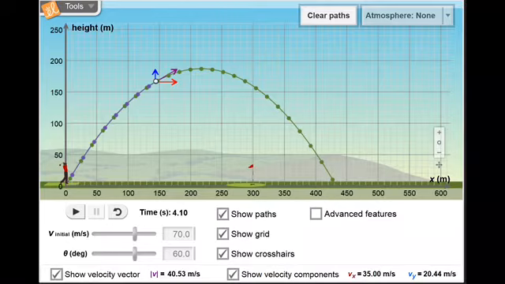What is this purple arrow? What does it represent? And if you look at the screen, you can see there's a value for the x component of the velocity, and also there's a value for the y component of the velocity. By using the angle, how do you get the x and y components of velocities?